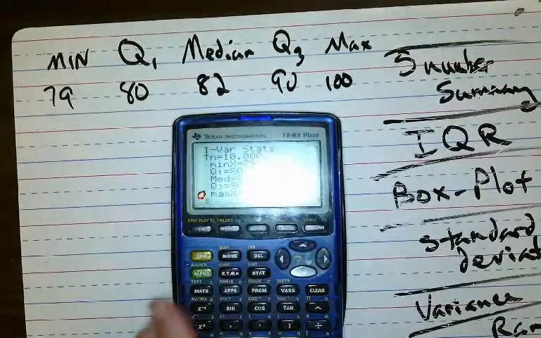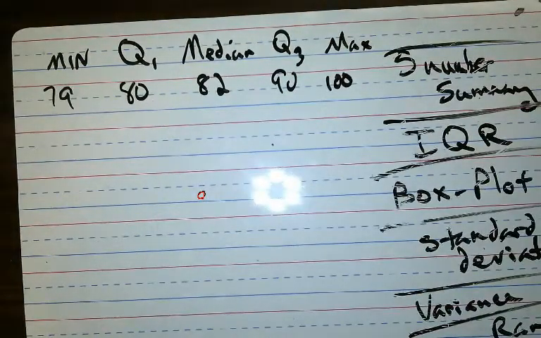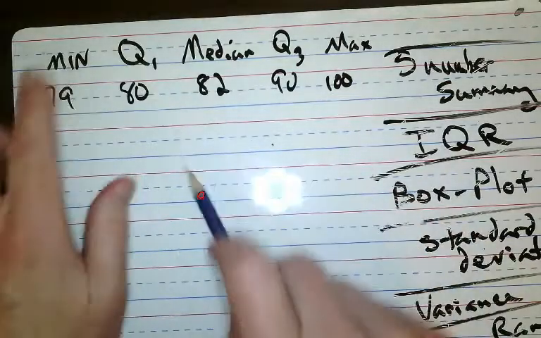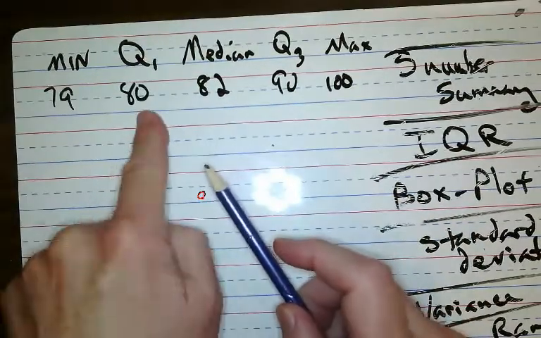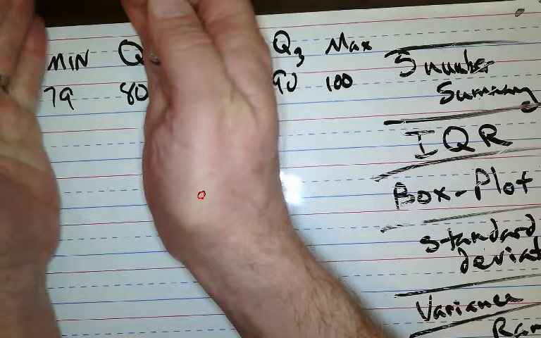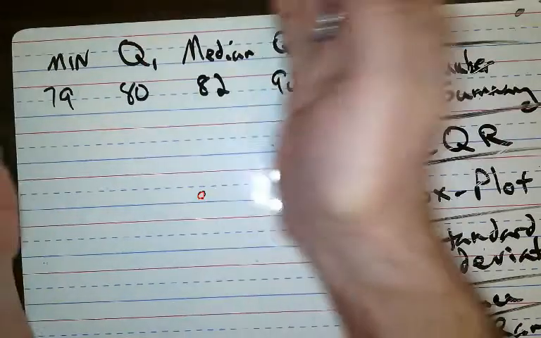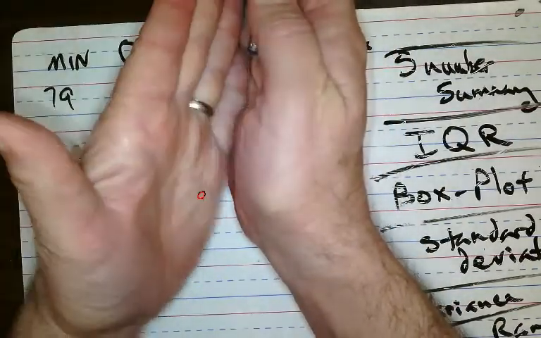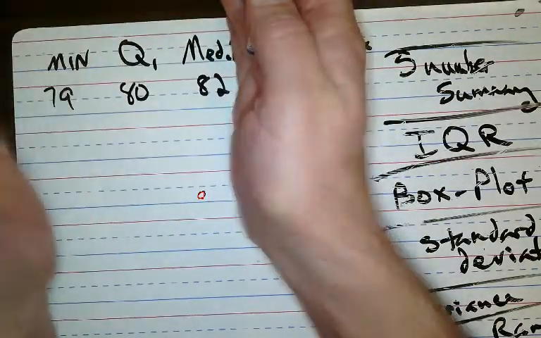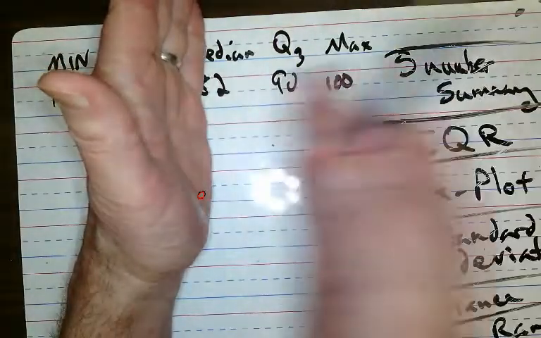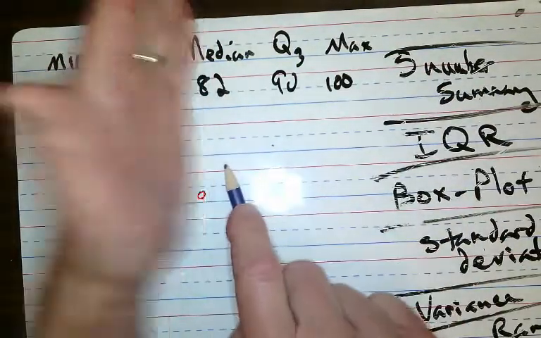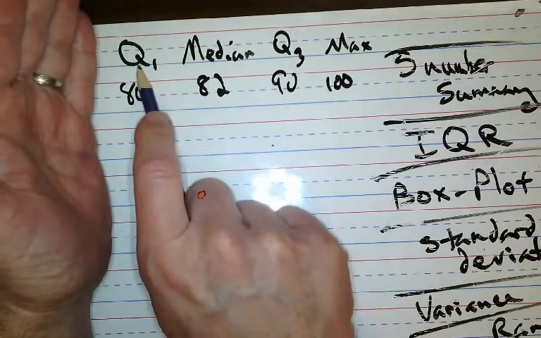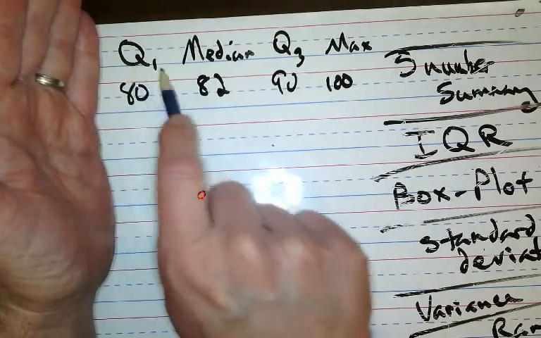Now, what is that? Well, what they're saying is 1/4 of your data, this is Q1, 1/4 of your data is in here, and 1/2 of your data is from here down. 1/2 of your data is from here up, right? The median is the middle, it's 1/2. So this is first quarter, that's first quarter, right?